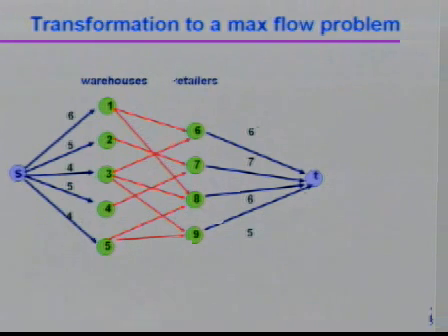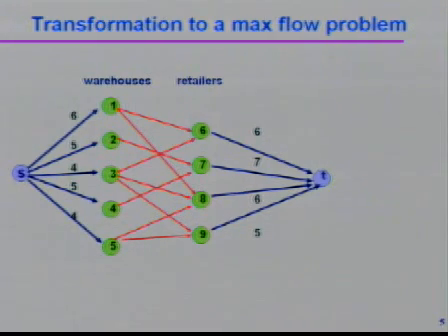And just a little bit of thought should convince you that these two observations are easily proved. If there is a flow with value 24, well, because these are the capacities and the total capacity is exactly 24, the only way I can get a flow with value 24 is if I send 6 units along this arc, 5 along this, 4 along this, and so on.